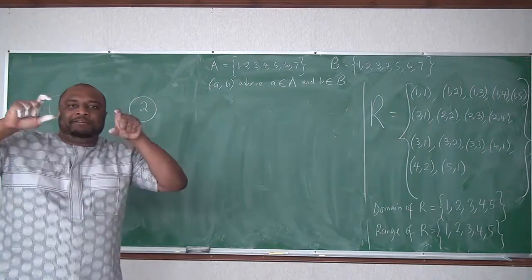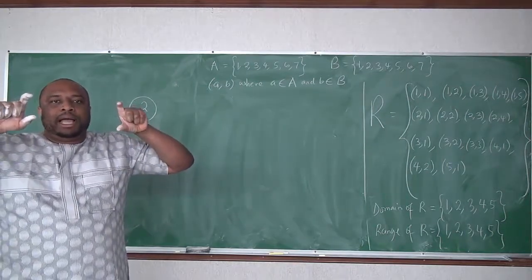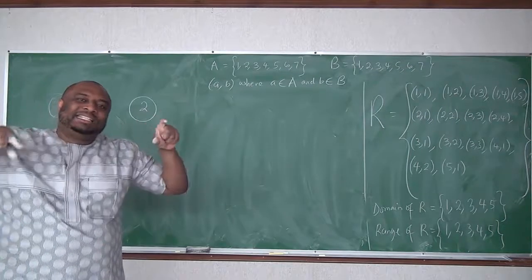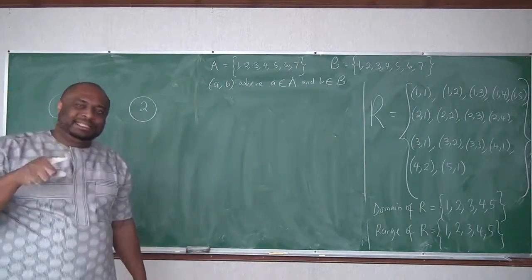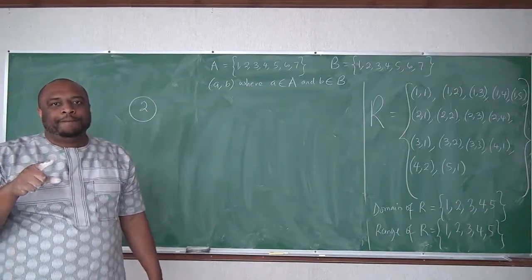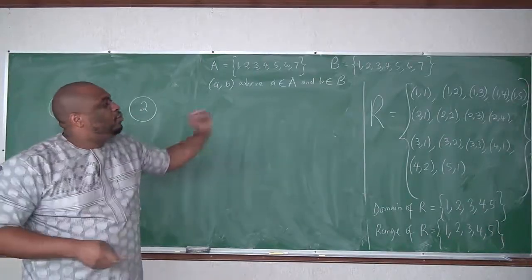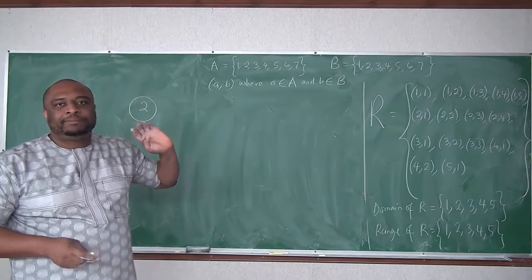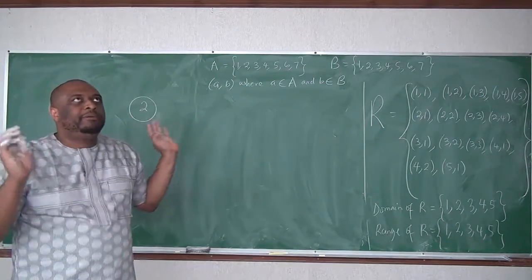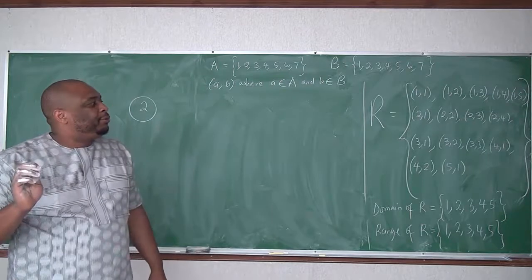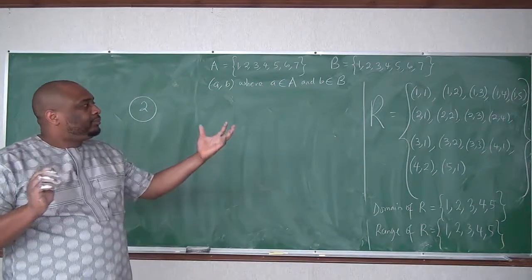When you have a vertex that has an edge back to itself, just like you see 1, 1, 2, 2, 3, 3, okay? We will do that in the reflexive property of relations.